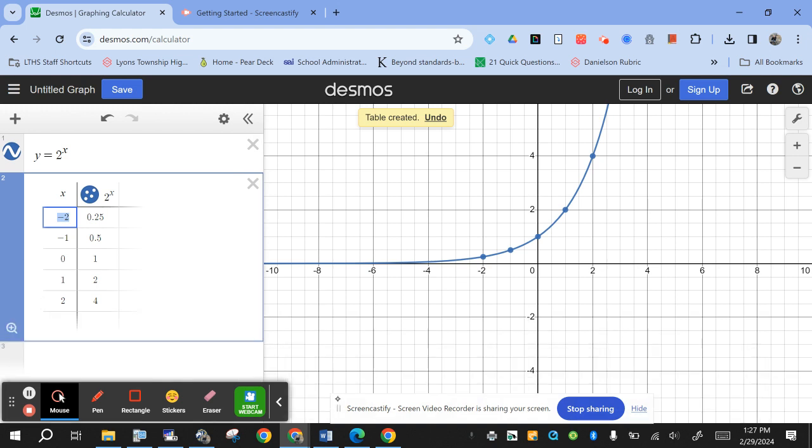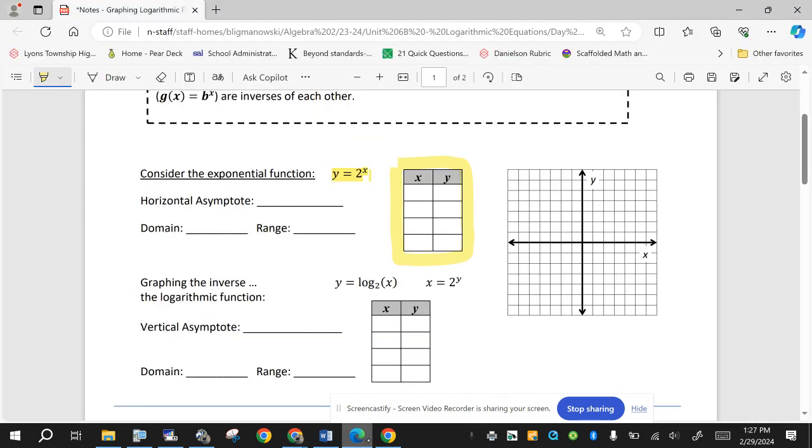Okay, so I'm going to take these values, copy them into the table on my notes, and then I'm going to plot my graph. So 0, 1, 1, 2, 2, 4.